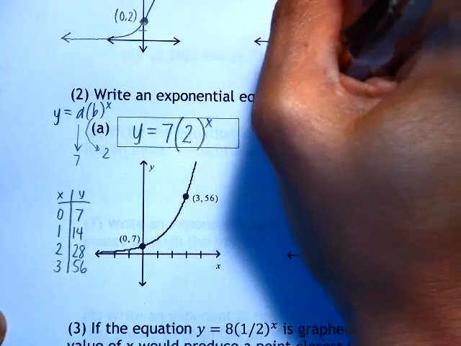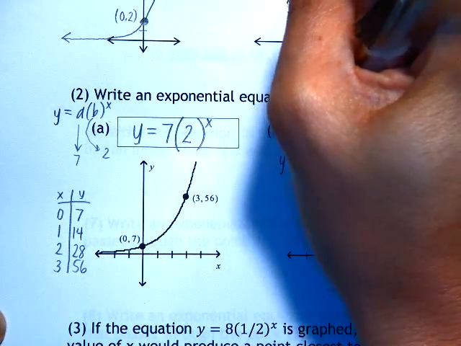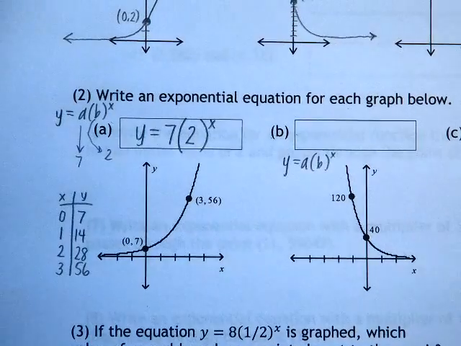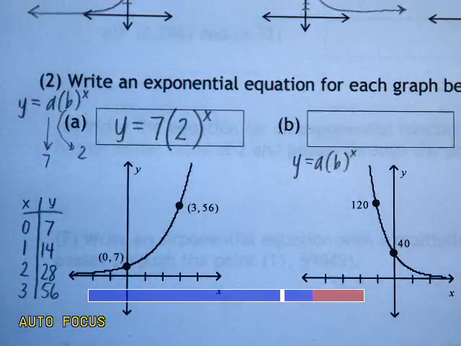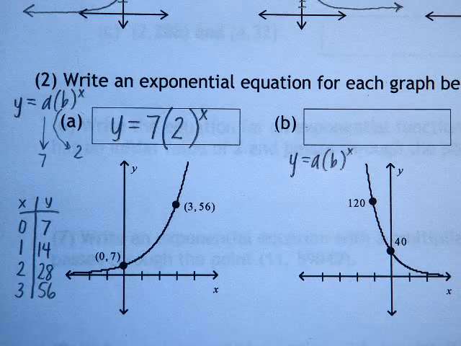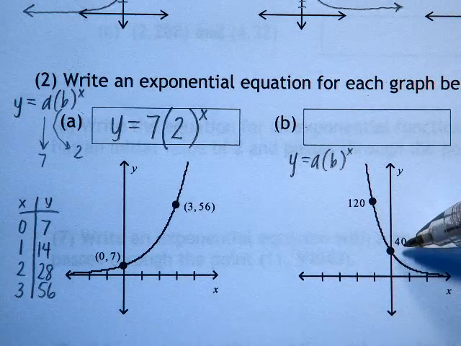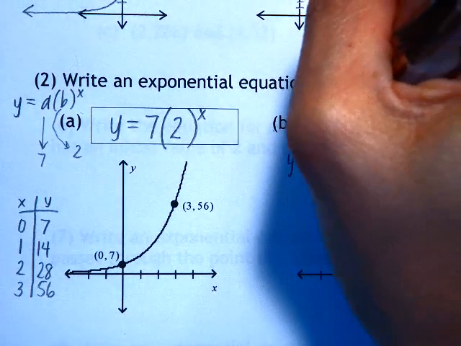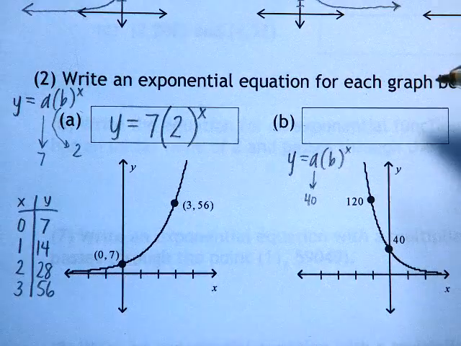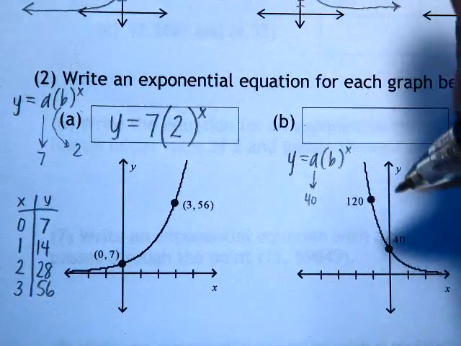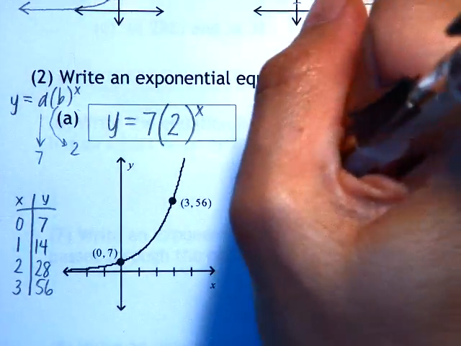Again, same idea. We want y equals a times b to the power of x. So let's see what we have. It is clearly labeled for us again that the y-intercept is 40. So I know for sure that the a value is 40. Not so sure about the multiplier, but I can make an inference.